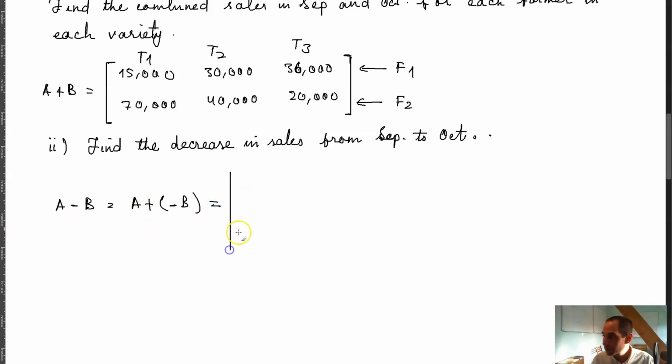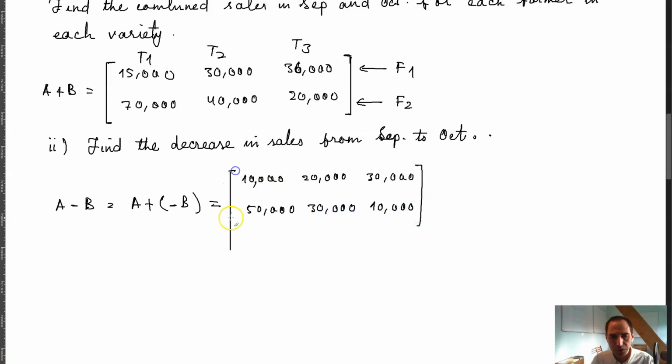My first matrix would be 10,000, 20,000, and 30,000, and then 50,000, 30,000, and 10,000. And that is your first matrix, right?